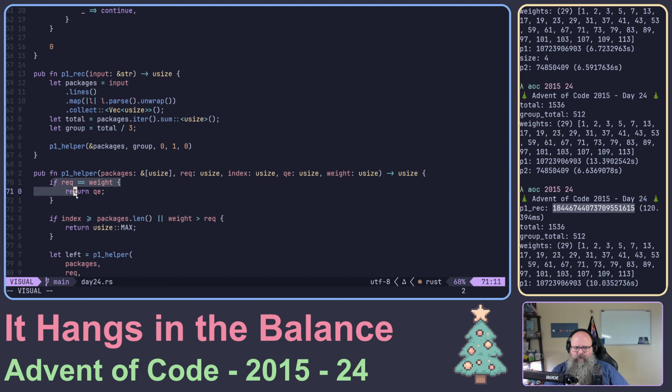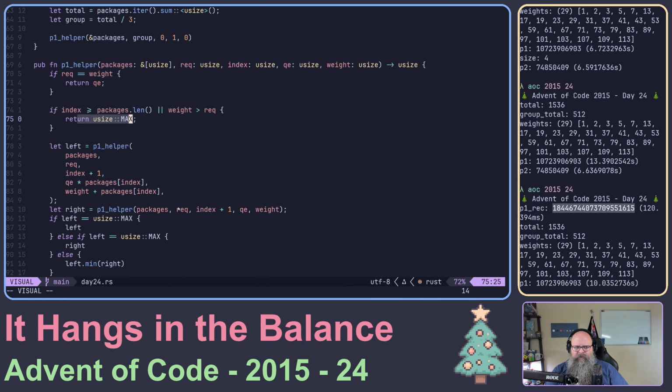If I found a weight, I'd return the QE. Otherwise, if I'm outside of the index or I'm over the weight, this isn't a solution. So then I do the left-hand side, which is to say left and right.